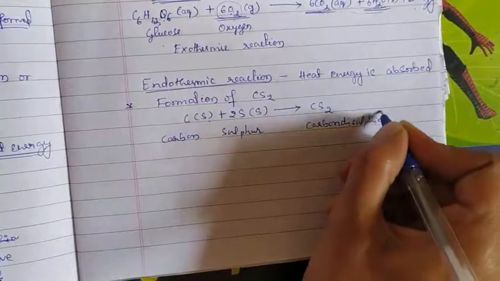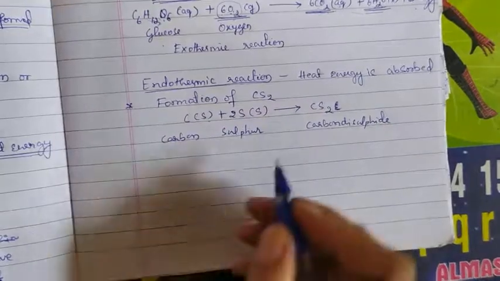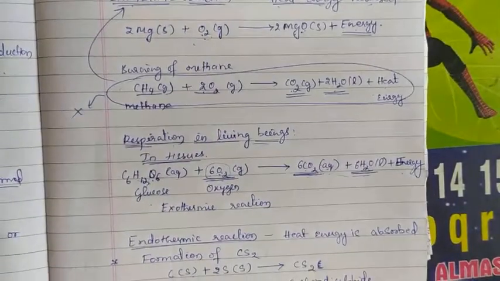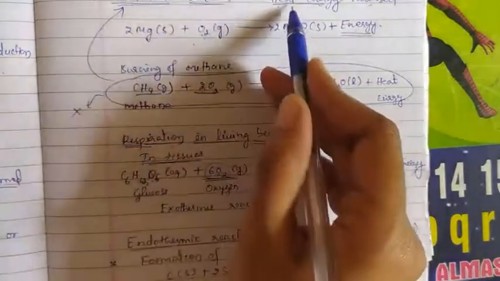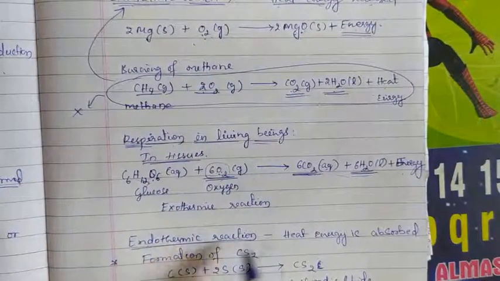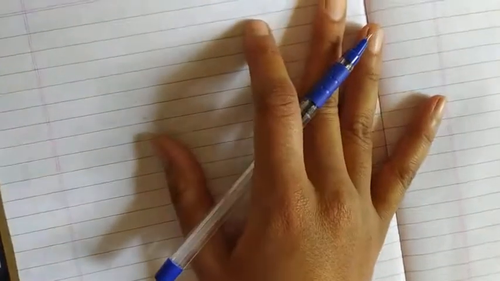So see the differences between exothermic and endothermic reactions. In an exothermic reaction, heat energy is released, whereas in an endothermic reaction, heat energy is absorbed. Now we will move on to the next type of chemical reaction, that is the second one.